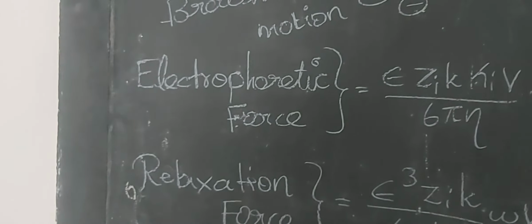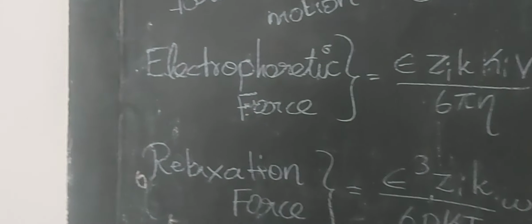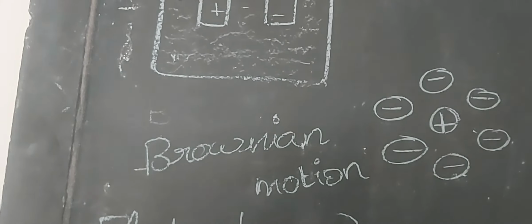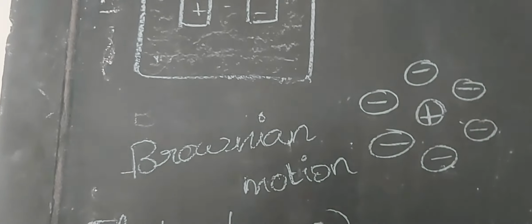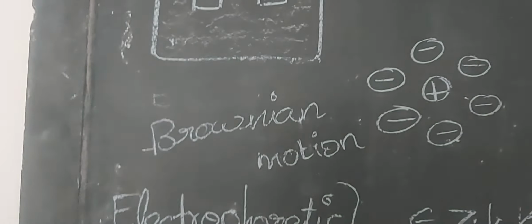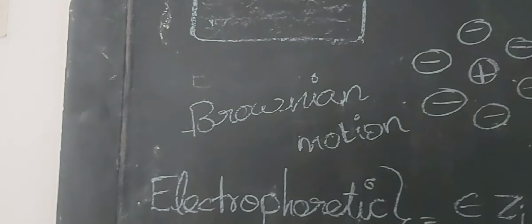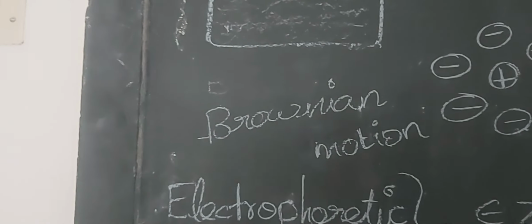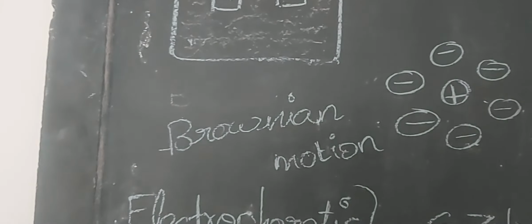Debye and Huckel neglected the Brownian effect, that is, the random motion of the charges, and considered only ions moving in a straight line.